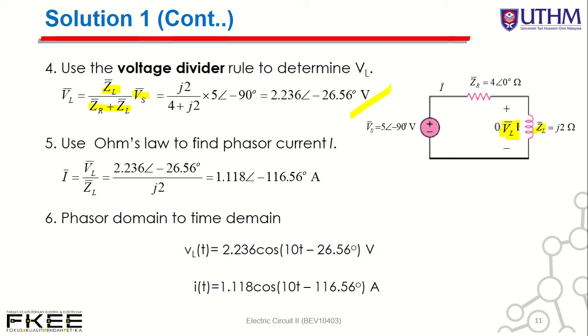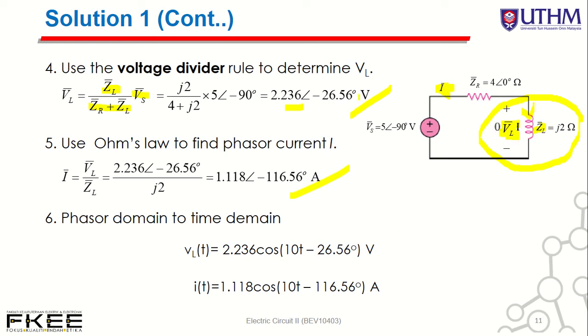Question number 2 asks you to calculate the current through ZR and ZL. Please remember you have VL and you have ZL. You can determine the current IL, which equals I in a series circuit. So I equals VL over ZL. You have VL here, and you divide by ZL, so you can get the current.